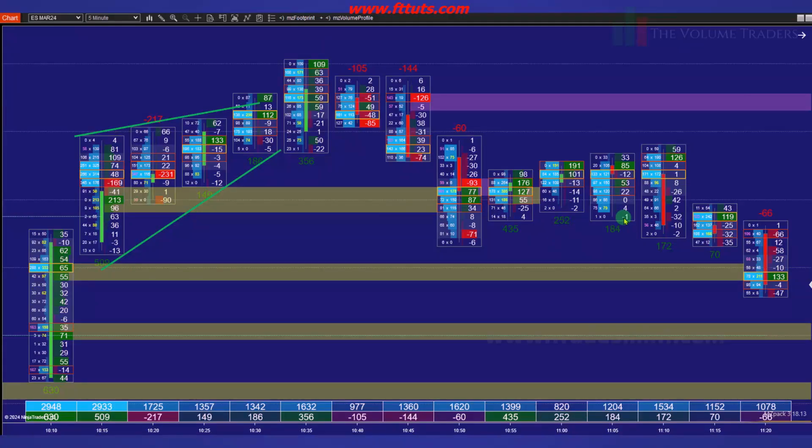The footprint chart was created by the Market Delta company and was released publicly in 2003. So it is amazing that it was over 20 years ago, and I heard about this for the first time about 3 years ago. So footprint charts are nothing new.